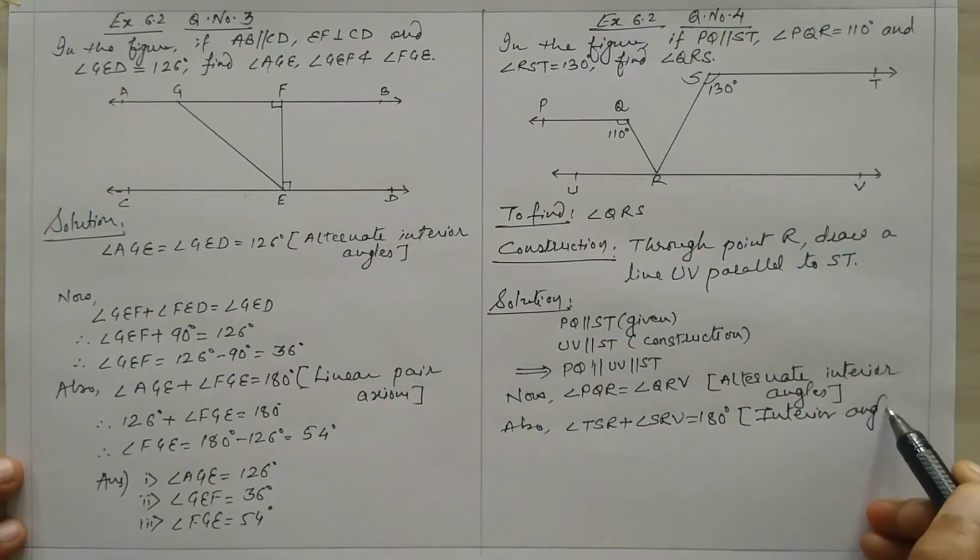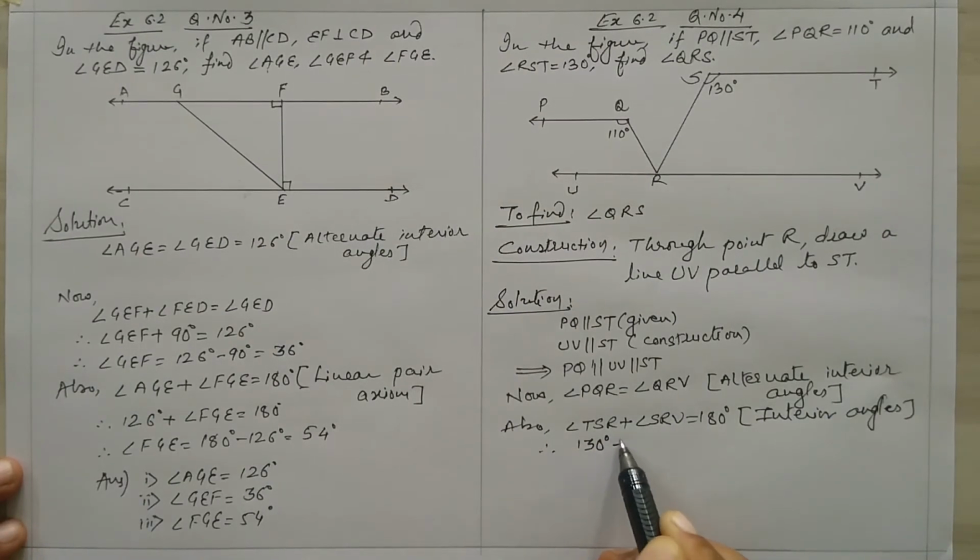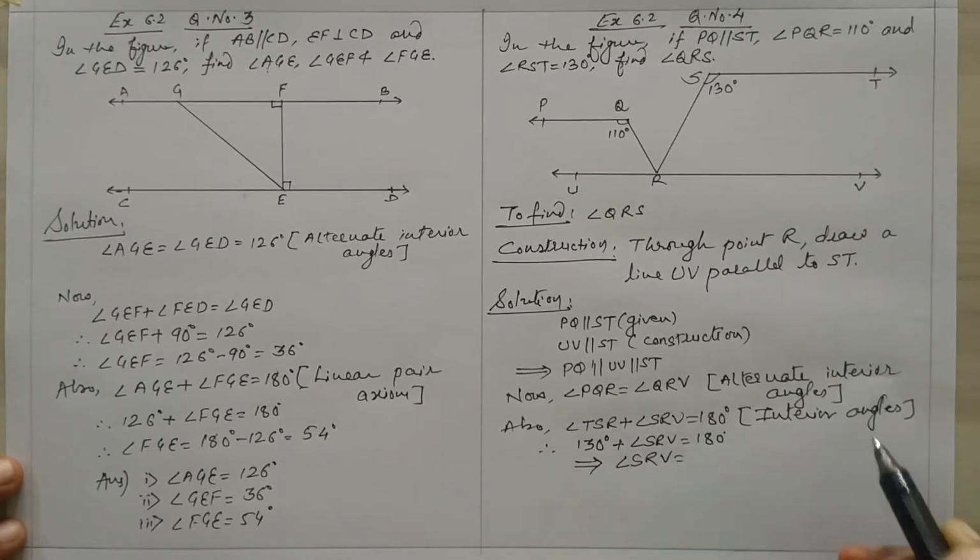So interior angles. Okay, now what is TSR? That is RST is given. So it is given that TSR is 130 degrees. You can calculate angle SRV is equal to 180 degrees minus 130, so angle SRV is 50.